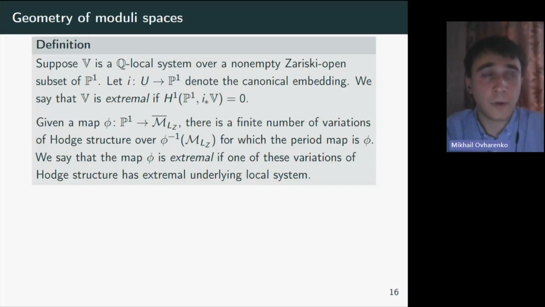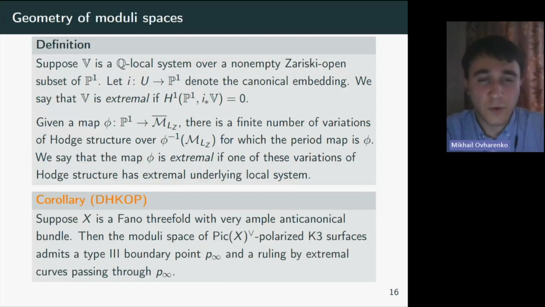It's a natural setting from the point of view of Landau-Ginzburg models, because a Landau-Ginzburg model, from our point of view, is not a family of K3 surfaces in a strict sense. For it could have some bad fibers, even reducible ones, but we could consider it as a map from P1 to the compactified moduli space.